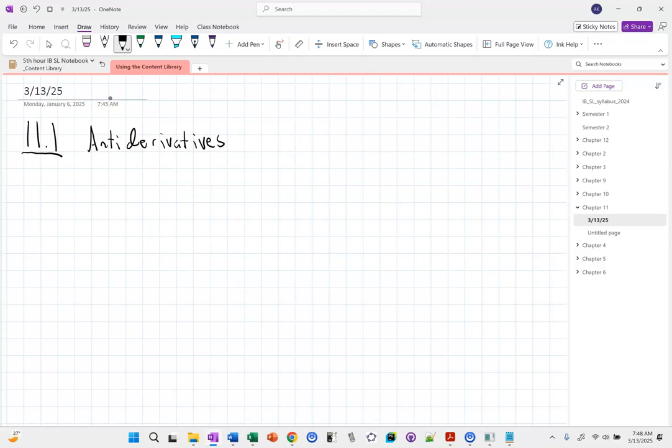So the first topic we're going to talk about is the idea of the antiderivative. So for example, if I have like 3x squared plus 4x plus 5 and I differentiate that, the result would be like 6x plus 4, right?